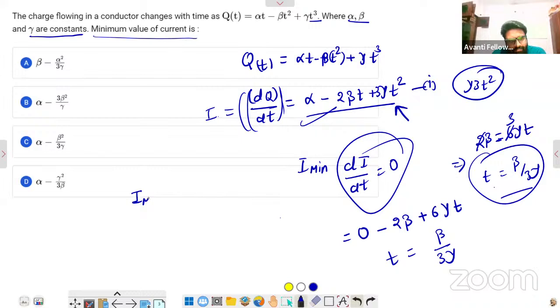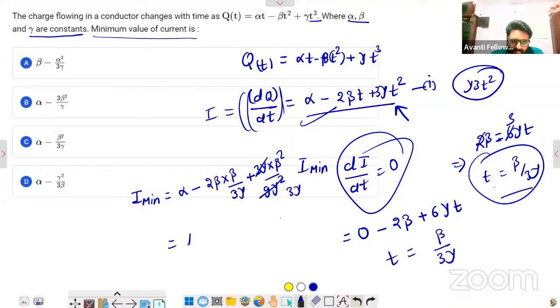So I minimum is what? Alpha minus 2 beta into beta upon 3 gamma, plus 3 gamma into t square, so beta square divided by 9 gamma square. The 3 gamma cancels out with the 9 gamma square, leaving 3 gamma. So ultimately we have alpha minus 2 beta square by 3 gamma plus beta square by 3 gamma.